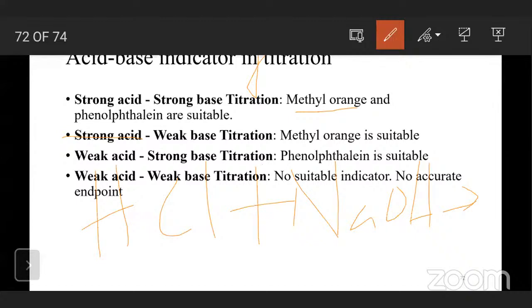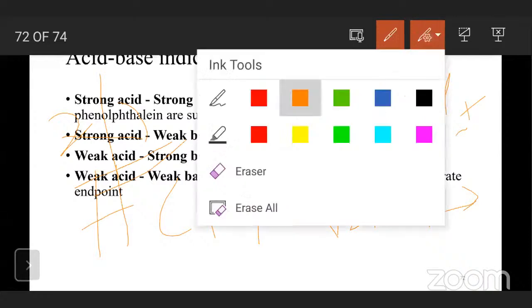And that will be able to function properly. You'll be able to have what we call an accurate, sharp end point. If you just put maybe 2 or 3 drops of the indicator there, you will have a very sharp end point.